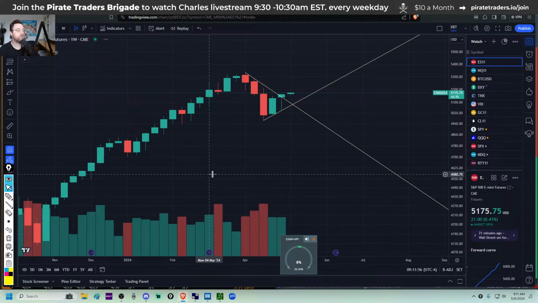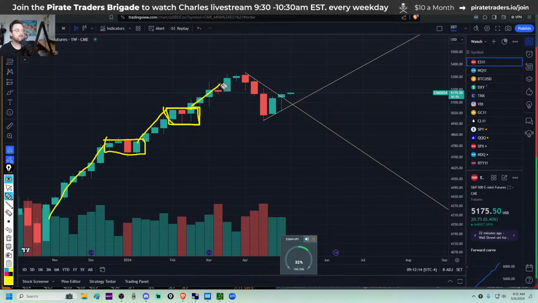Let's zoom in and take a look at the weekly. So we can see on the weekly, it appears this was balance in here on the weekly time frame using time. Okay. So it was excess, balance, excess, balance, excess, that then instead of balancing using time on a weekly time frame, it pulled back with price.